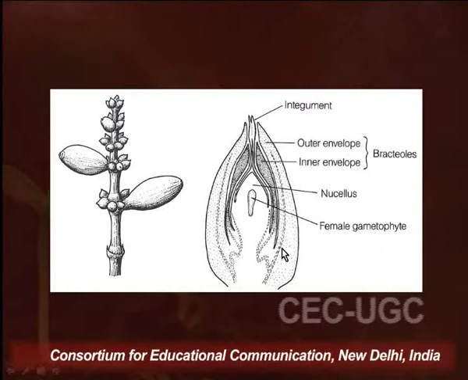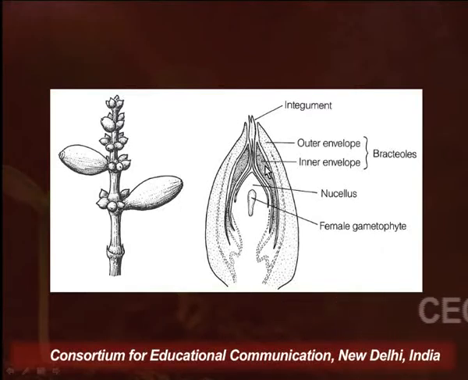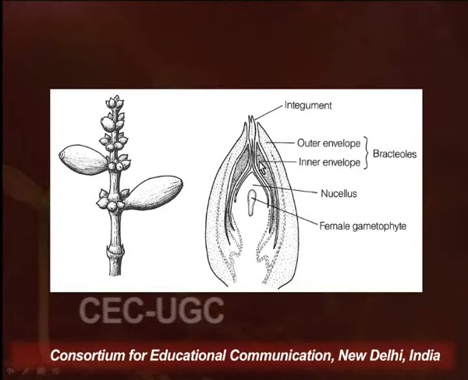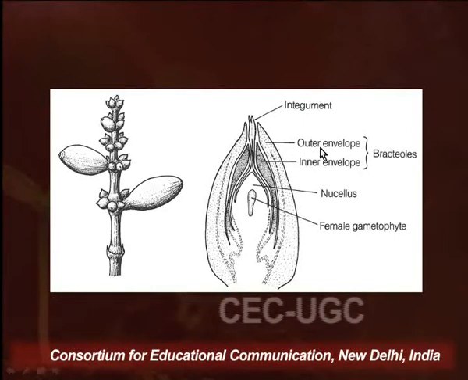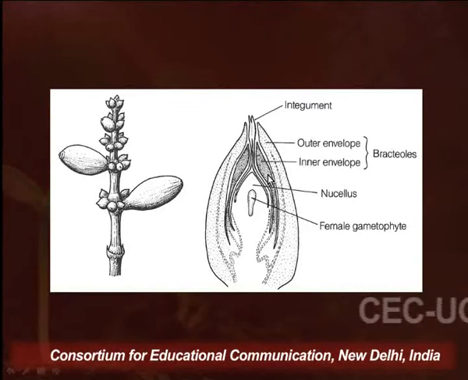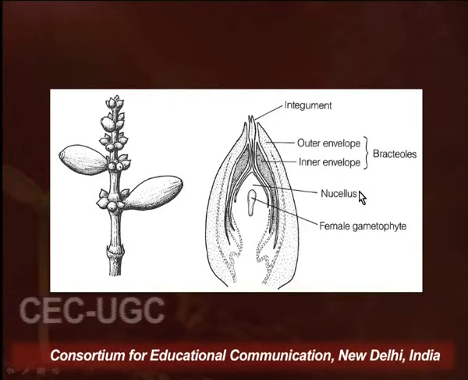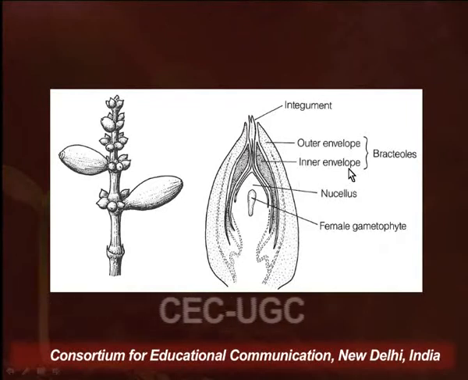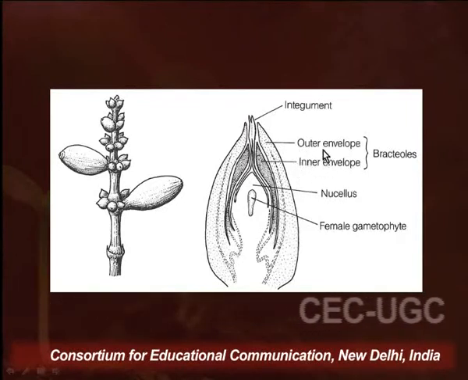Now then there lies the middle envelope, which sometimes gets converted and becomes sclerenchymatous. Now below this outer and middle envelope lies the innermost integument. The outer and middle envelope, here this name has been wrongly put.